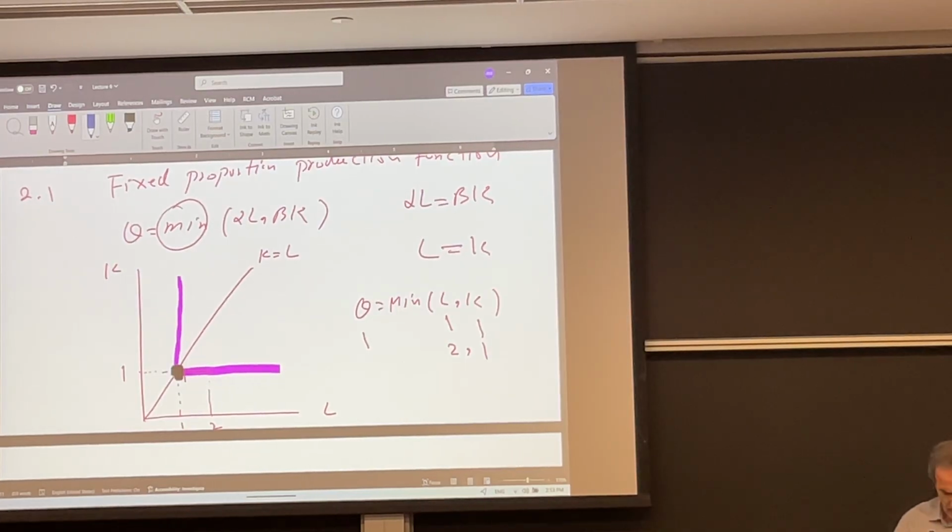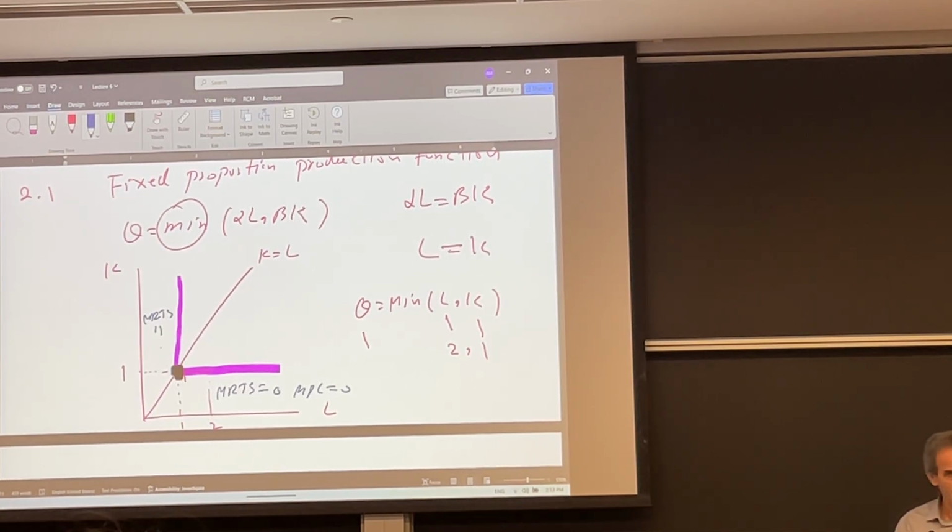Question for you. What's the MRTS on the horizontal part of the isoquant? How much? 0. What does 0 mean? It means MPL is 0. That means the labor is inefficient. But you never go there. What about the MRTS up here?